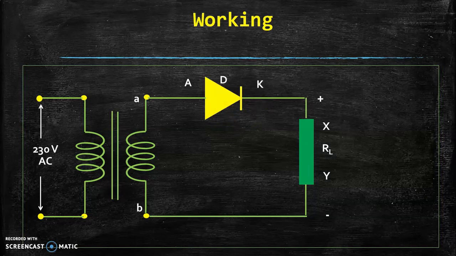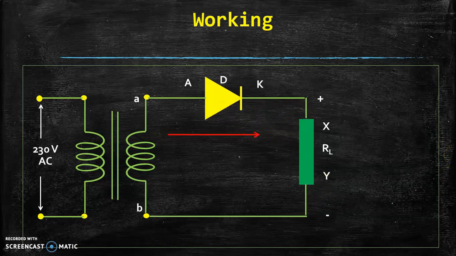So during positive half cycle, the PN junction diode offers a very low resistance to the input supply, and the junction allows current to pass through the diode and to the load.